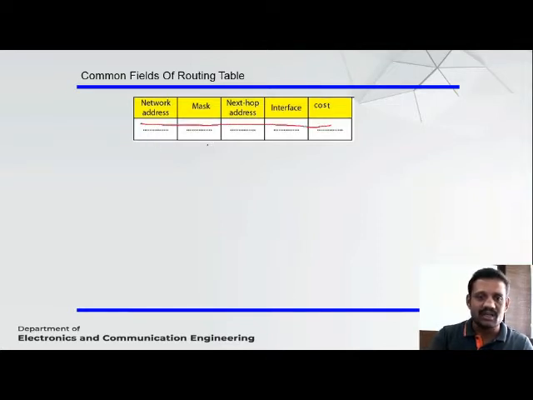First is the network address, second is the mask or subnet mask, third is the next hop address, fourth is the interface, and the final one is the cost. I already told you that cost is how many stages or routers we need to travel from source to destination. Whenever the cost reaches 0, you have reached the destination address. So these are the common fields of a routing table.